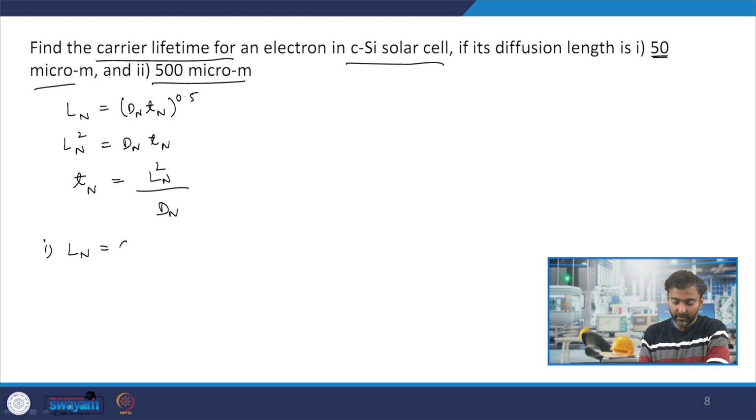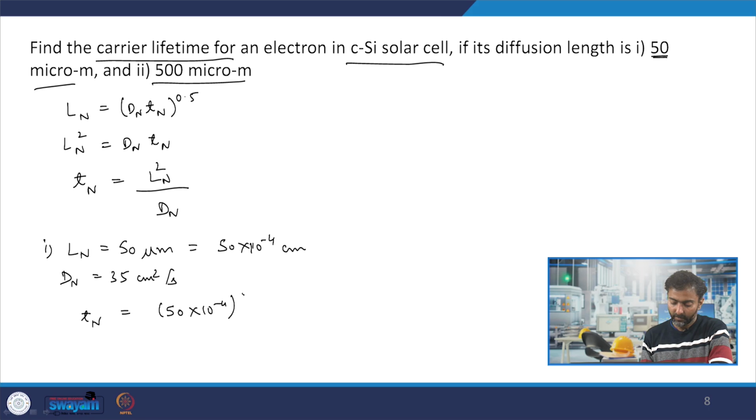Now in the first case, we are saying that our Ln, or diffusion length, is 50 micrometer and Dn has been given as 35 centimeter square per second. It's always easier if we convert it to the same units, so let's convert Ln also to centimeters. So this will be 50 into 10 to power minus 4 centimeter, and therefore my Tn would be 50 into 10 to power minus 4, whole squared, in centimeter square, divided by Dn, which is 35 centimeter square per second.